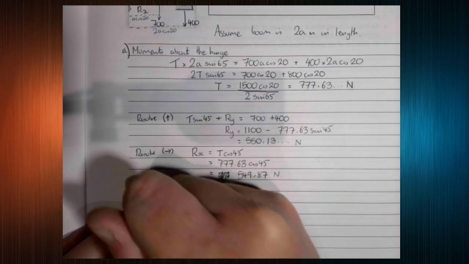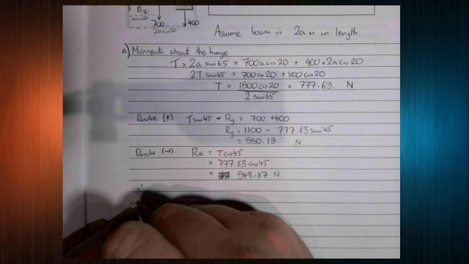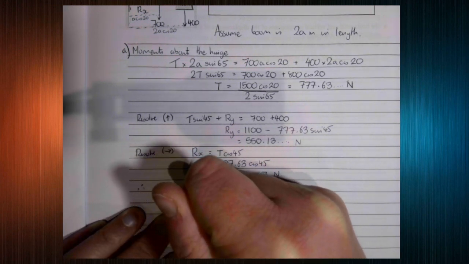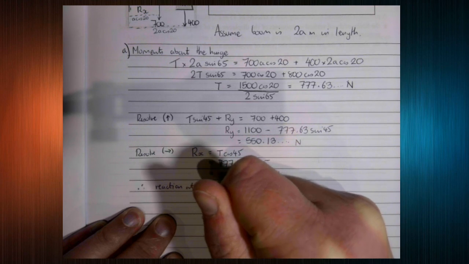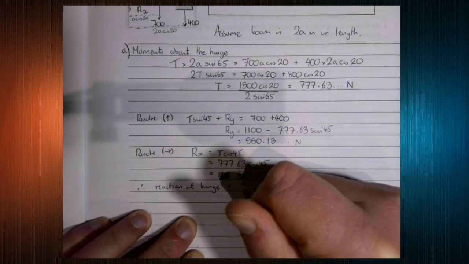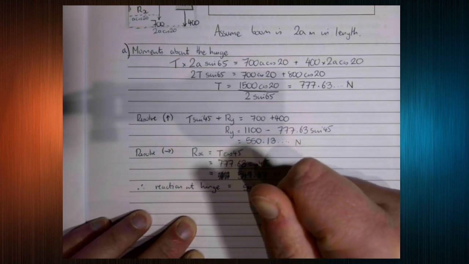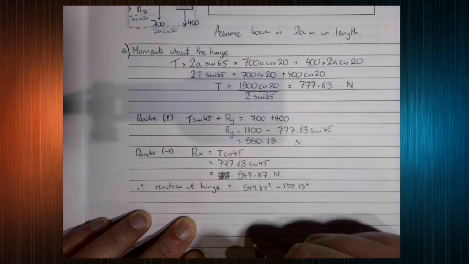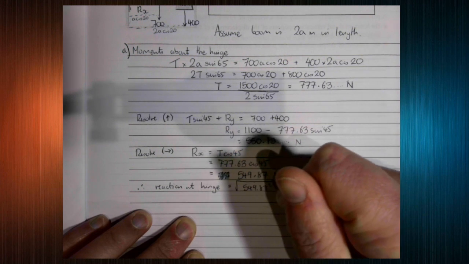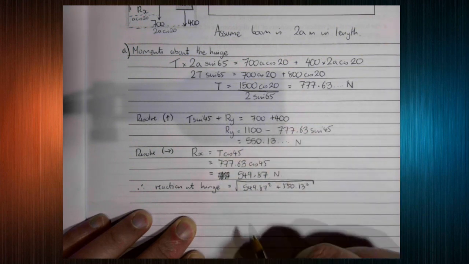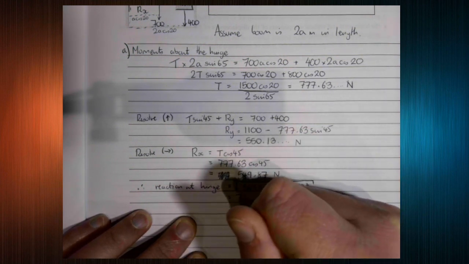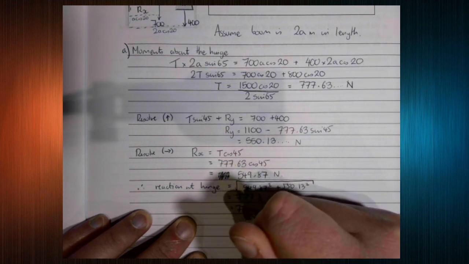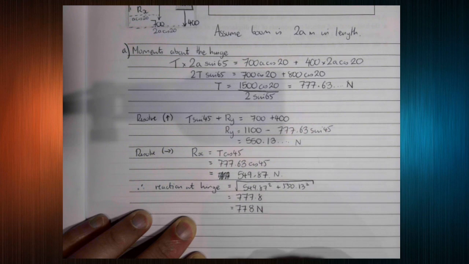So therefore, the reaction at the hinge equals 549.87 squared plus 550.13 squared, all square rooted, which comes out as 777.8. So to three significant figures, 778 newtons.